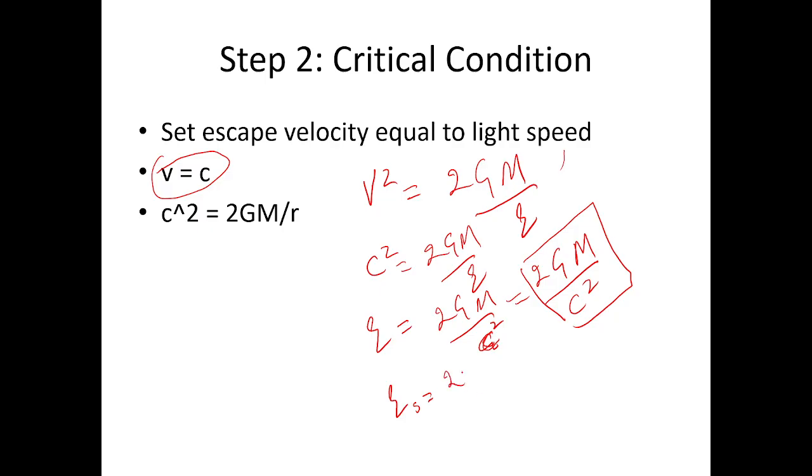So when the escape velocity becomes the velocity of light, at that situation the radius becomes the Schwarzschild radius.